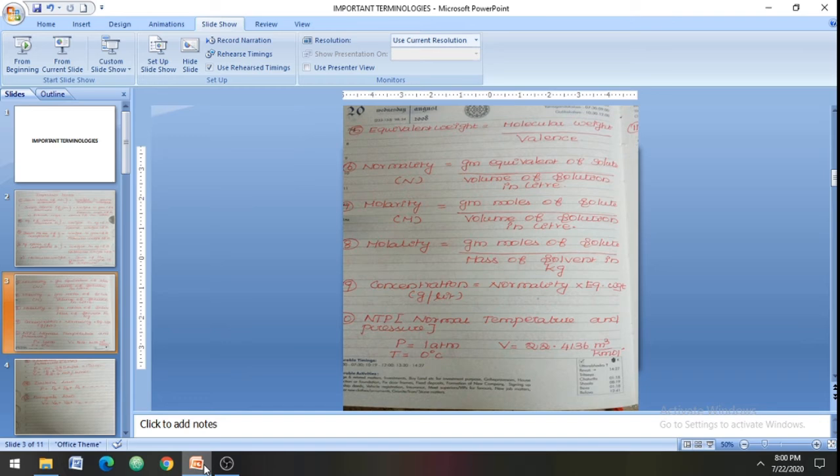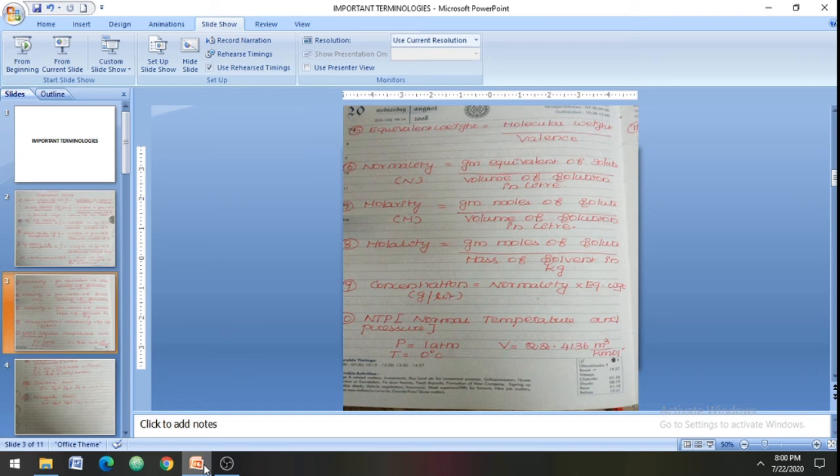You compare normality, molarity and molality. Easily notice that the numerator is different in normality and molarity, but when we compare molarity and molality, the numerator is the same.